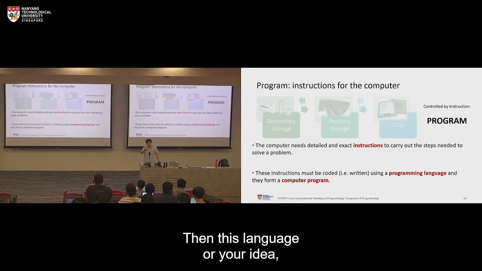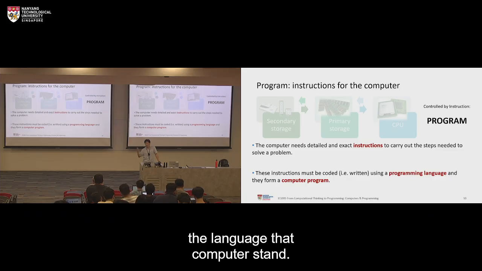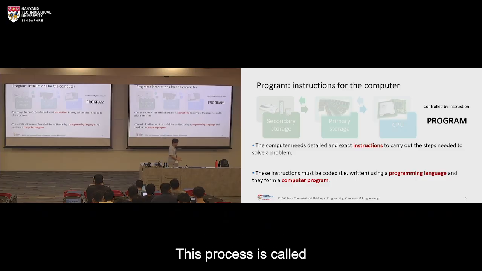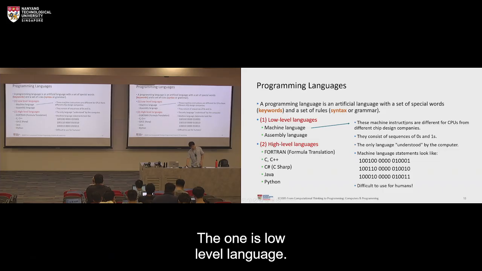So this language, or your idea, your computational thinking, has to be translated to a language that the computer can understand. This process is called programming or coding. There are 2 kinds of programming languages. The first is low-level language. The second is high-level language.